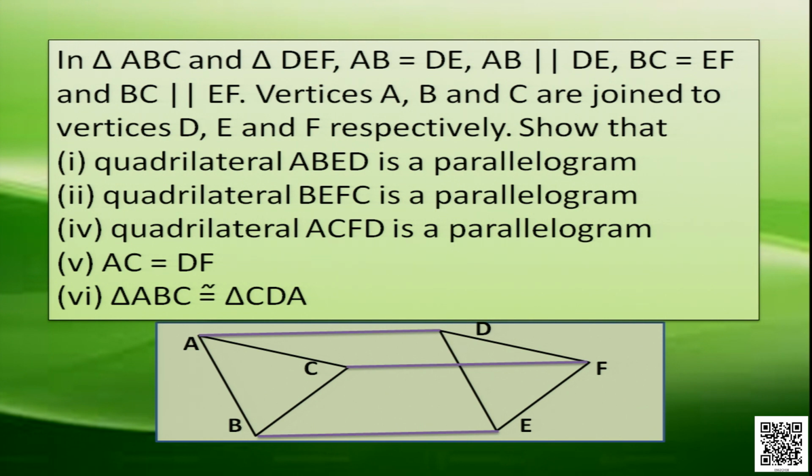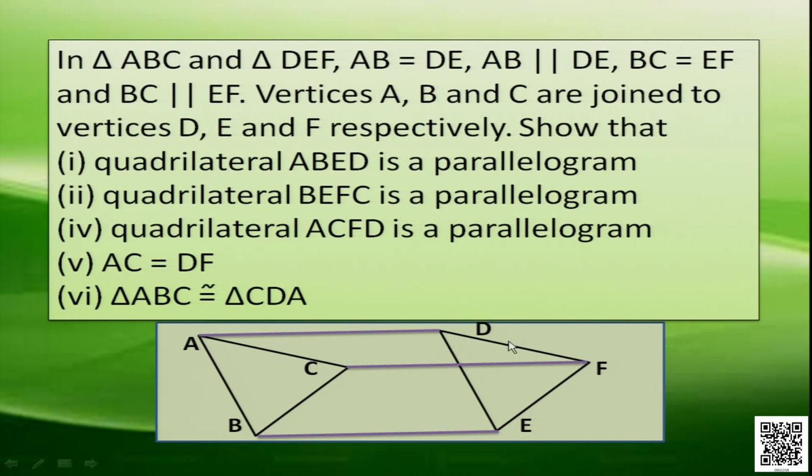Then vertices A, D, C, F and B, E are joined. We have to prove that ABED is a parallelogram, BEFC is a parallelogram, and ACFD is a parallelogram.